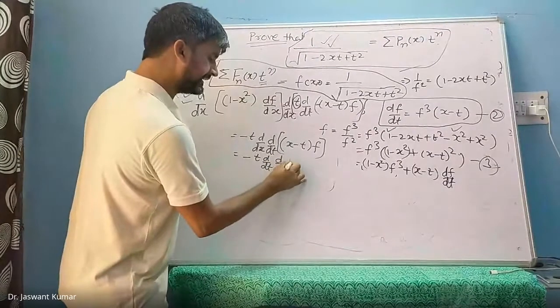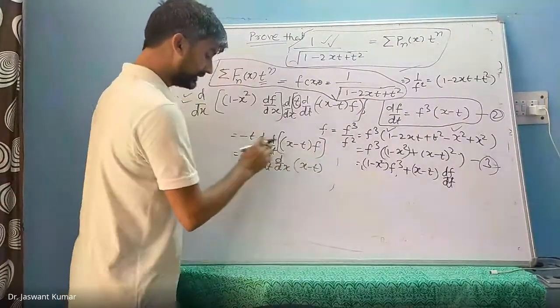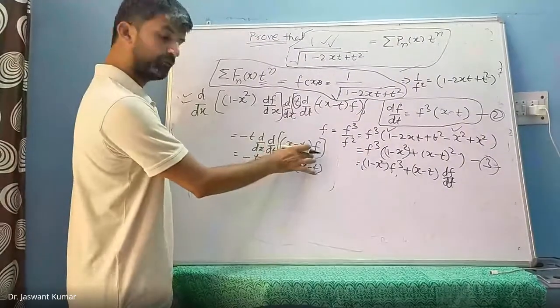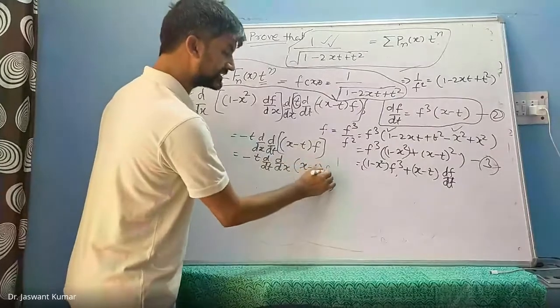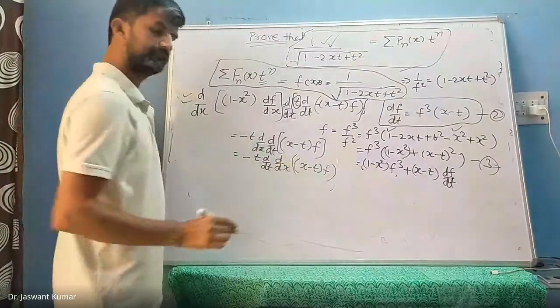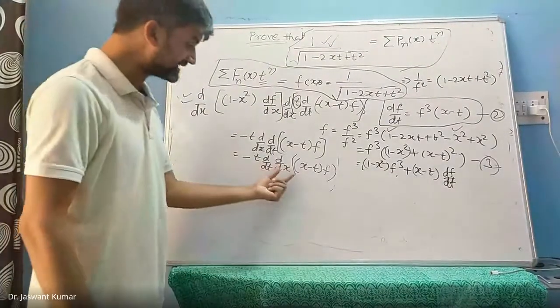d by dt and d by dx, they commute. So the d by dx, d by dt of some g of x that we had, we can write it as d by dt, d by dx of the same g of x. Okay, and after this you solve it.